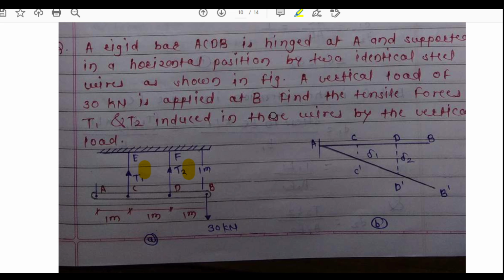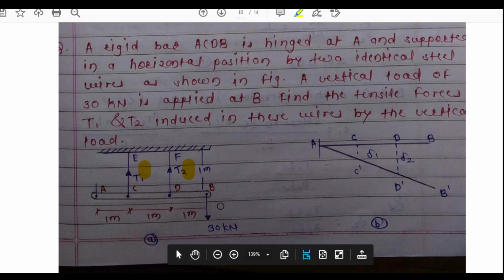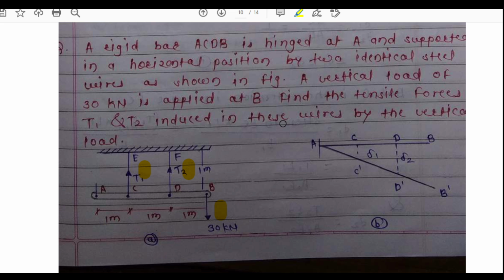A vertical load of 30 kilonewton is applied at B. Find the tensile forces T1 and T2 induced in these wires by the vertical load. Now this ABCD is your rod, and this is nothing but your deflections.